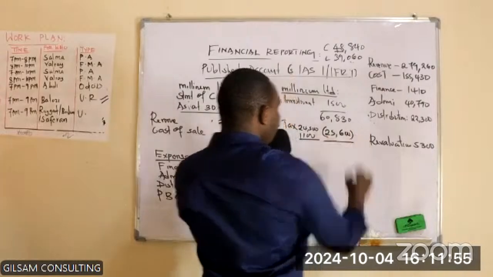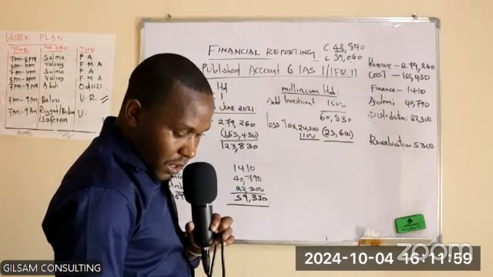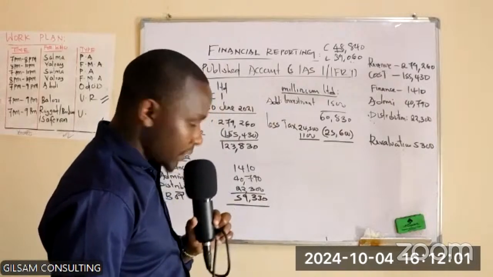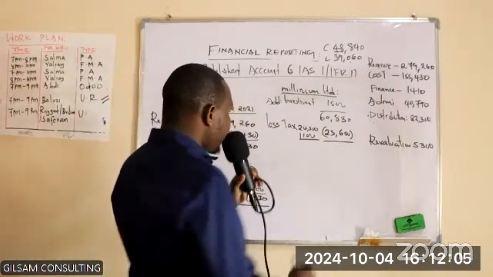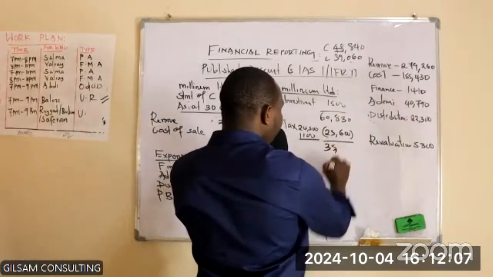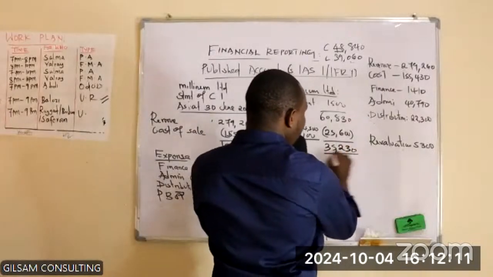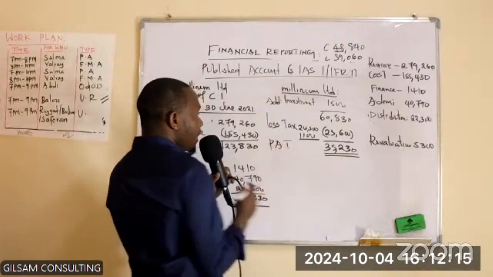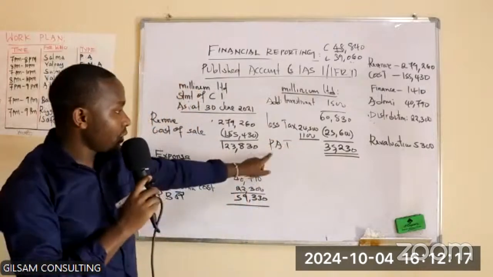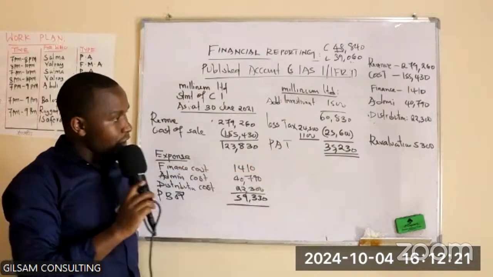So subtract 60,830 minus 25,600, and we get the profit after tax of 35,230. So this is the one which you will take to the statement of financial position.